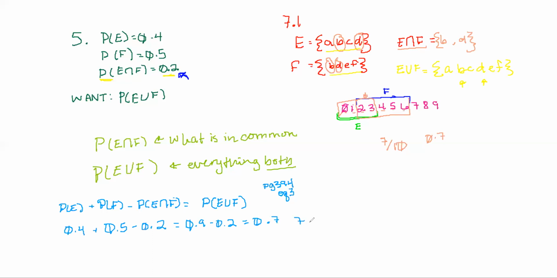So 7 out of 10. And that matches up with what I got up here from my little thought experiment. Of course, this isn't exactly how this problem would go in reality. We wouldn't know which of these numbers were a part of E, but it's just how I structured my thought process about what's going on here.